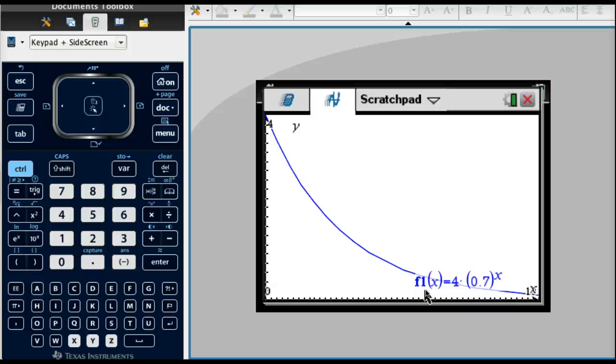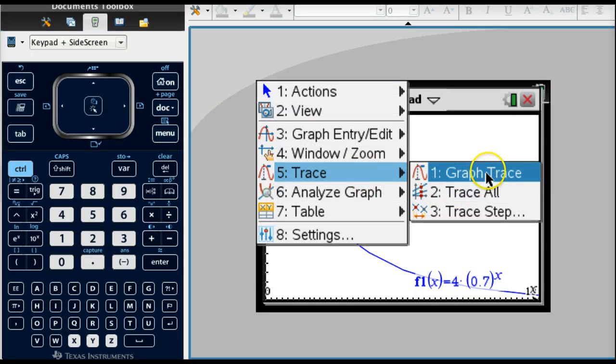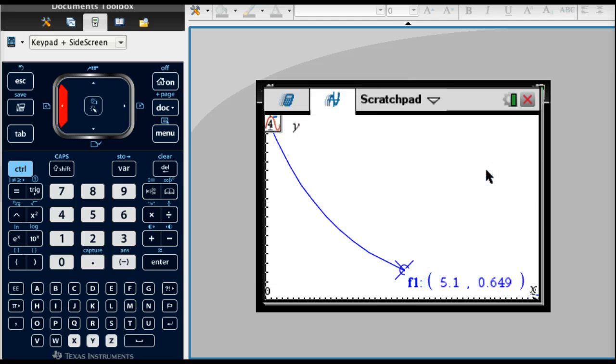So I can go to menu, and I can do a graph trace, and I want to find when it's really close. So look at the numbers here. I want this to be 0.5. So if you notice, when I keep going up, 5.7 is just about right. So on my graph, where are we?